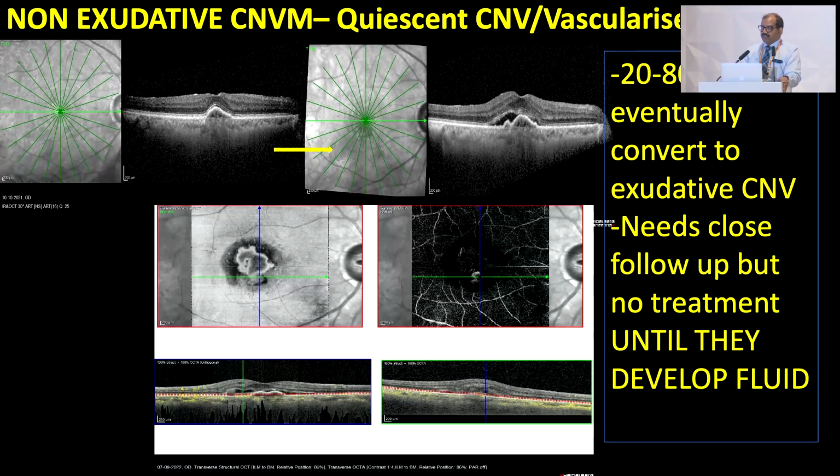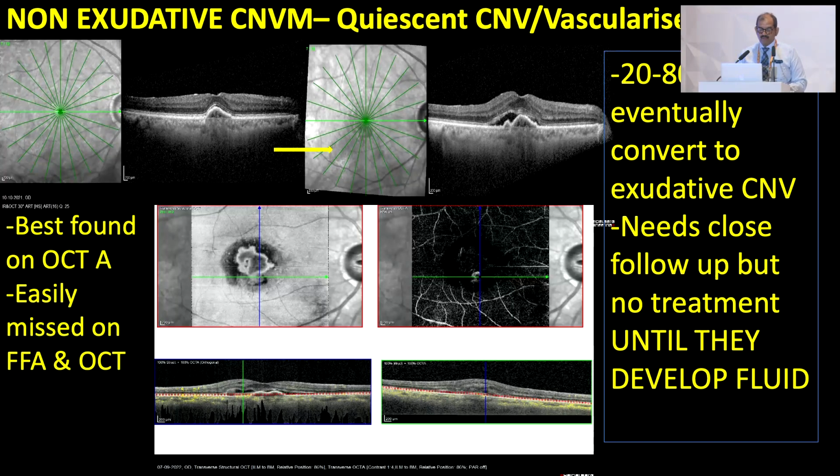Almost about 20 to 80% of these patients eventually convert to exudative CNVM. So these patients need close follow-up, but mostly you don't need to treat these patients until you see signs of fluid development. These lesions can only be detected effectively on OCT angiography, and they are easily missed on fluorescein angiography as well as on OCT.